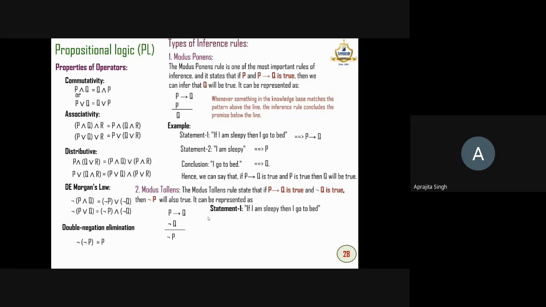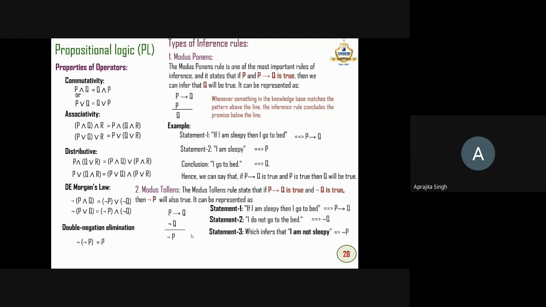So if I am sleepy, then I go to bed. Okay. I do not go to bed. This is the negation of Q, isn't it? I do not go to bed. Then what? It infers that I am not sleepy. The inference is what? I am not sleepy. So this is what is modus tollens.